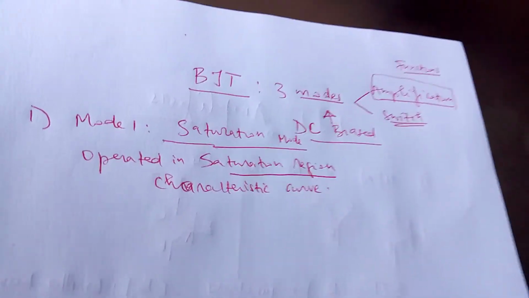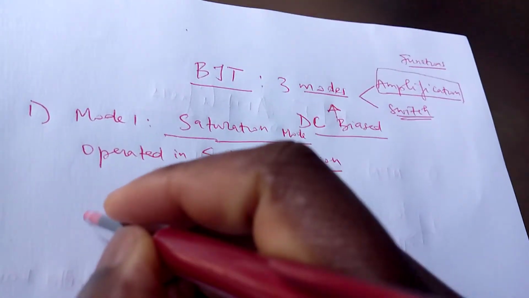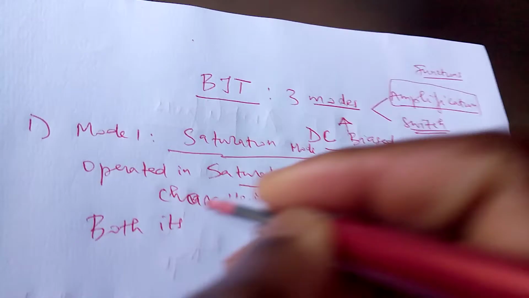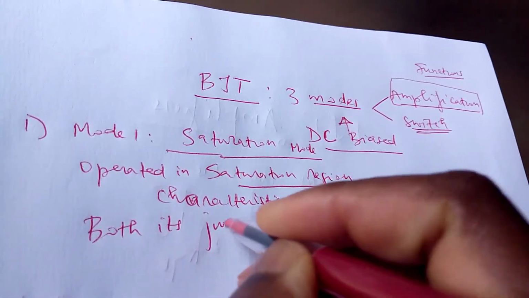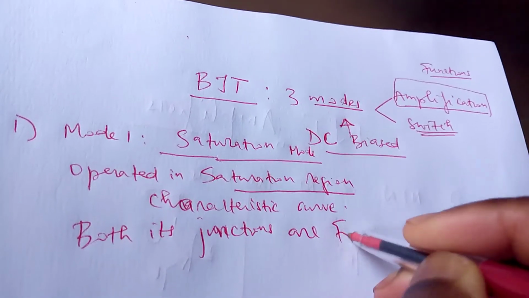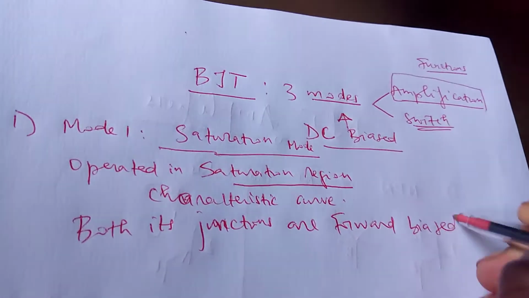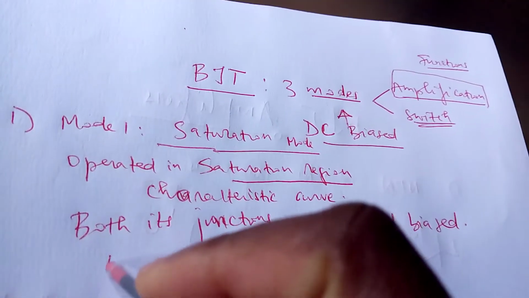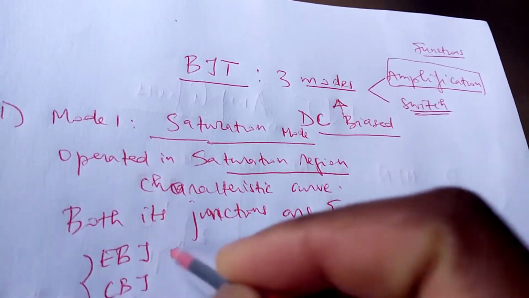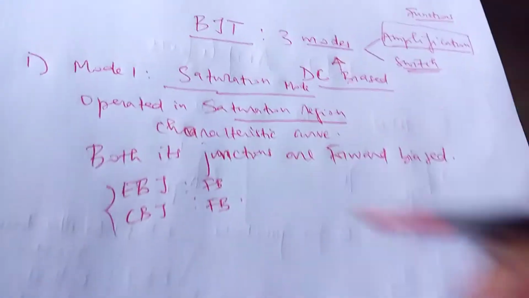A transistor is operated in saturation mode when both its junctions are forward biased. Here I'm referring to the EBJ junction as well as the CBJ junction. When they are both forward biased, then you know the transistor is in the saturation region.